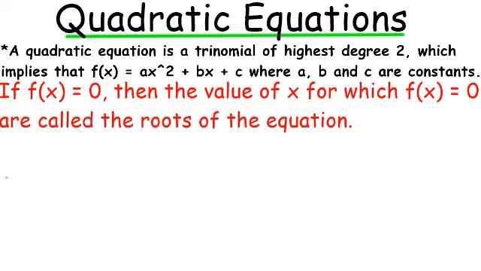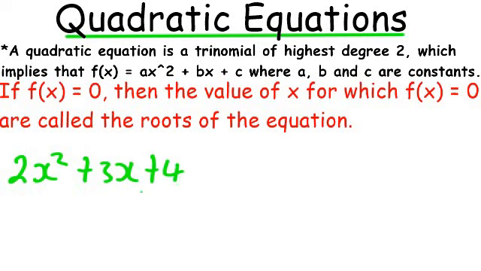We said f of x can be of this form: ax squared plus bx plus c. And I just gave you an example recently, that 2x squared plus 3x plus 4 is an example of a quadratic expression. So when this is equal to 0, then the solution to this problem is said to be the root of the equation.